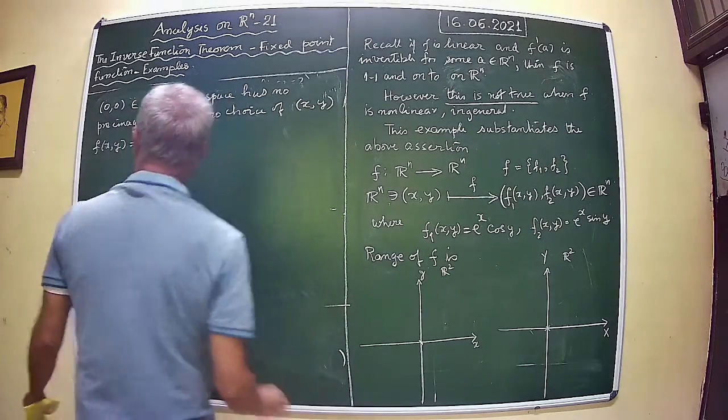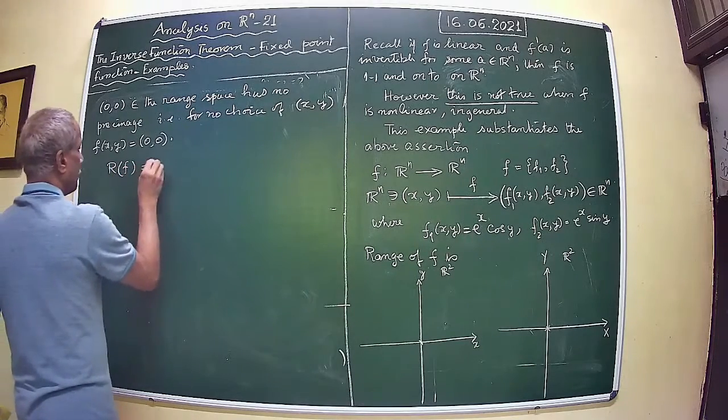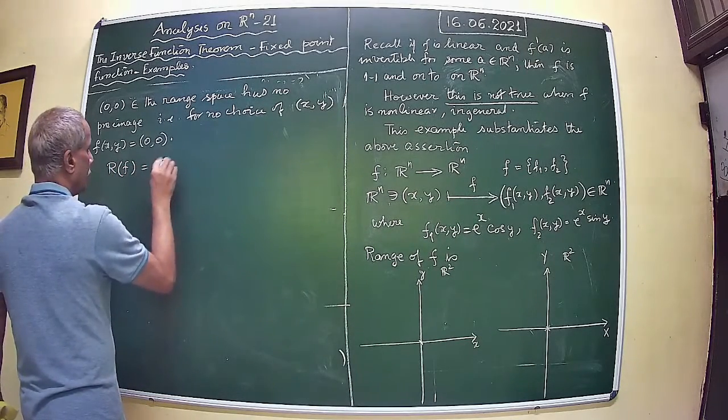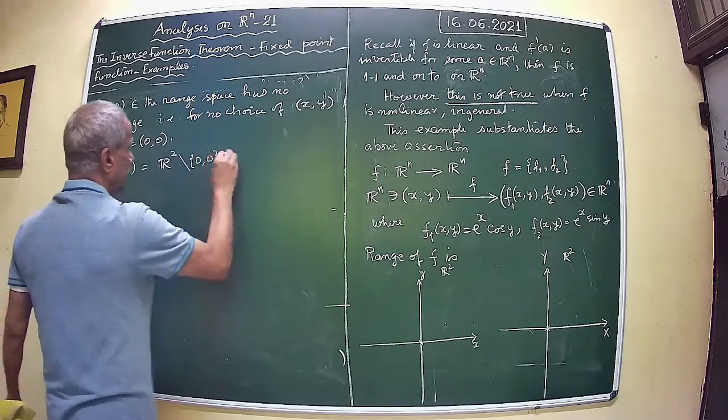Therefore, the range of F excludes the origin, whereas for all other points you can find one.